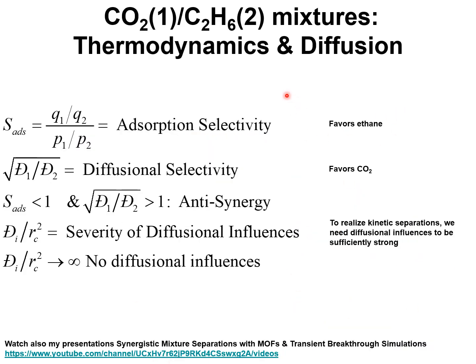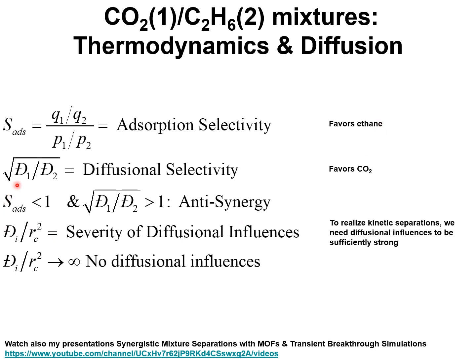Let's summarize the adsorption and diffusion characteristics of mixtures of CO2 and C2H6 in DDR zeolite. We define the adsorption selectivity as the ratio of the component loadings of CO2 to C2H6 divided by the corresponding ratios of the partial pressures. The adsorption selectivity favors component 2, which is ethane.